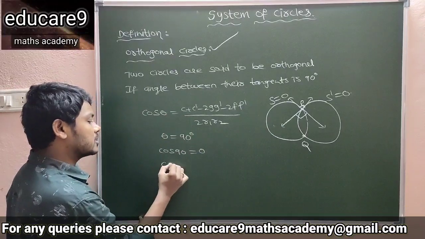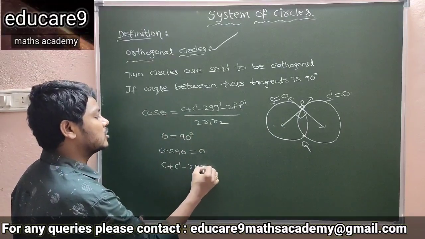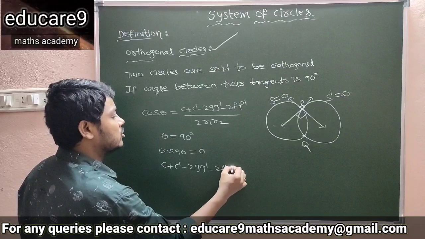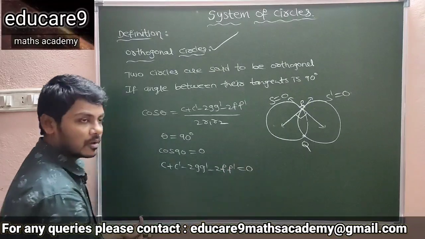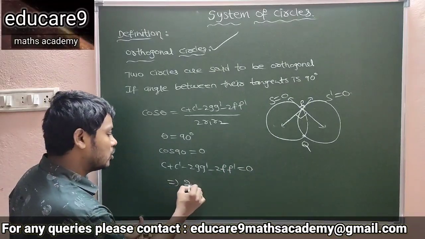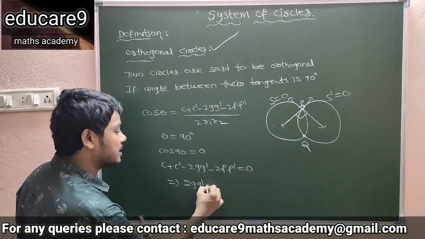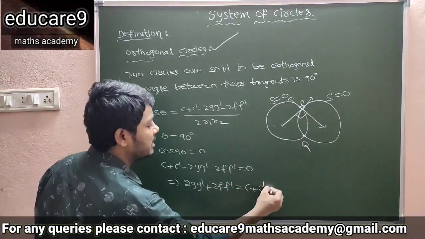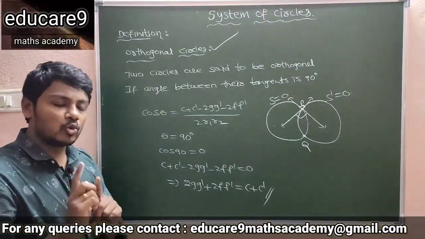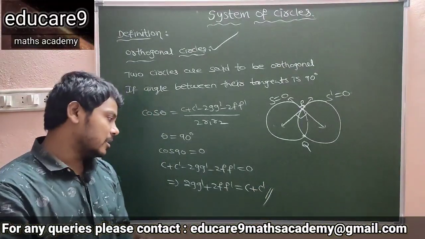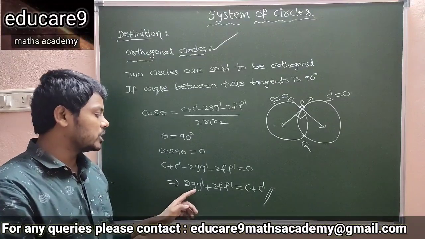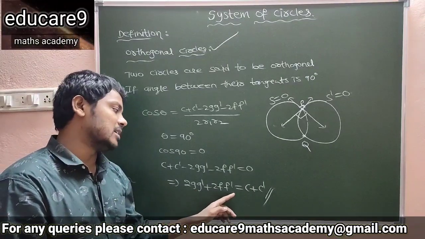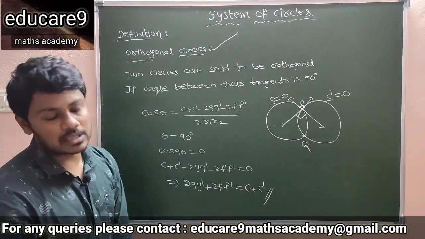Therefore C plus C dash minus 2GG dash minus 2FF dash equals 0. So 2GG dash plus 2FF dash equals C plus C dash. So clearly, if two circles are orthogonal, the condition is 2GG dash plus 2FF dash equals C plus C dash.